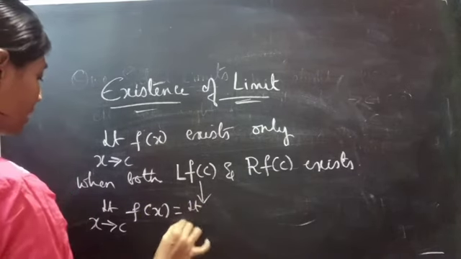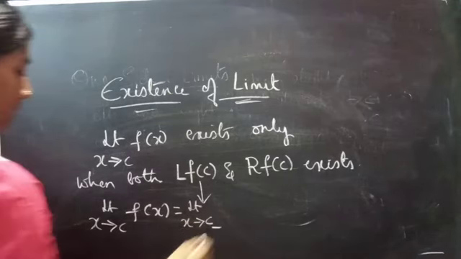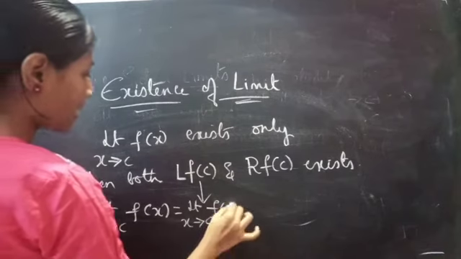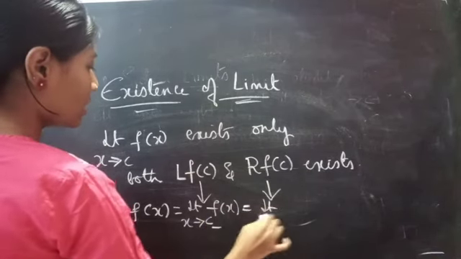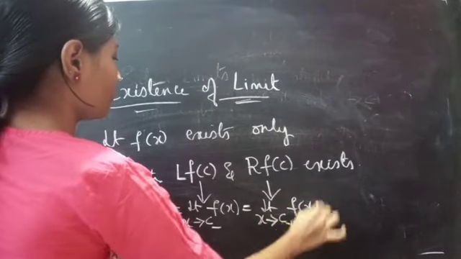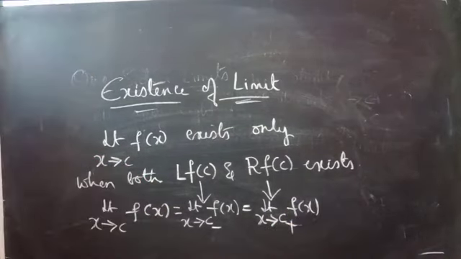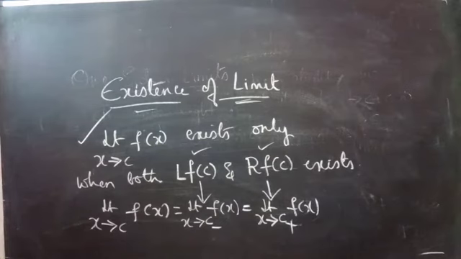It is written as limit x tends to c minus f of x equals right hand limit x tends to c plus f of x. Okay. So this limit exists only when left hand limit and right hand limit exist.